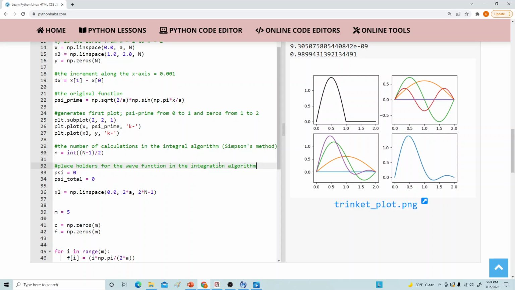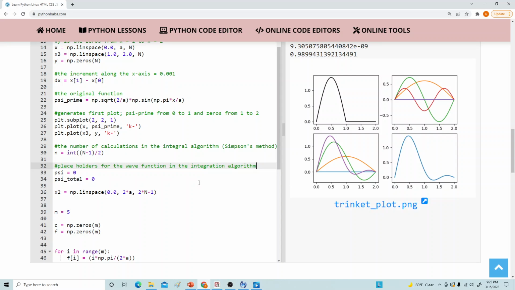So the psi, setting psi equal to 0, when we go through the first integration and calculate the first Fourier coefficient, that will give us this, and then it'll give us this, and then this, and the psi total is what we're going to add each of these to finally get the result right here.